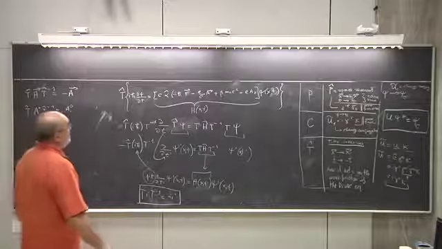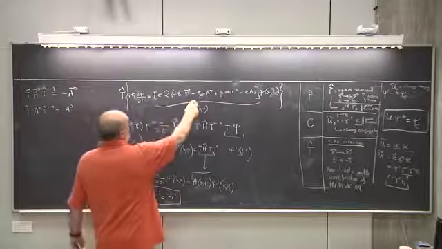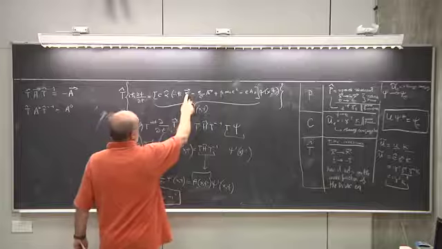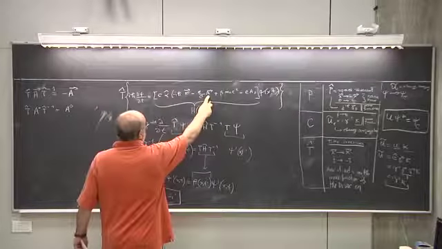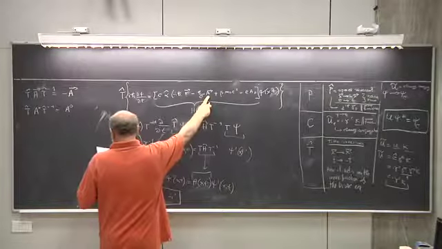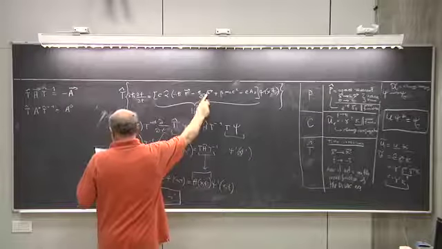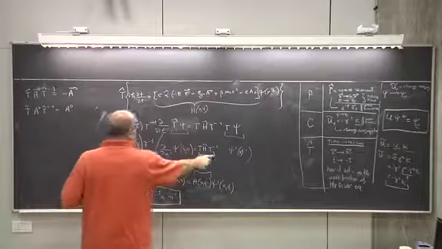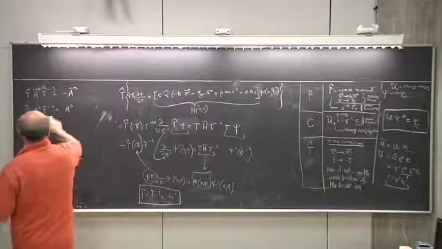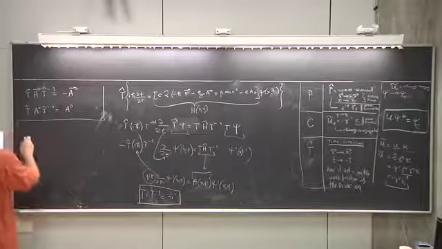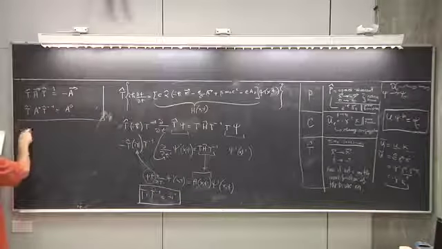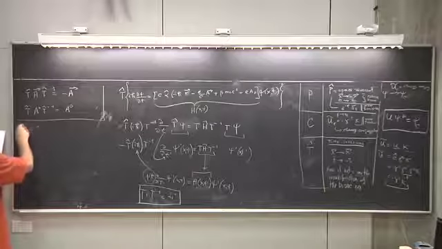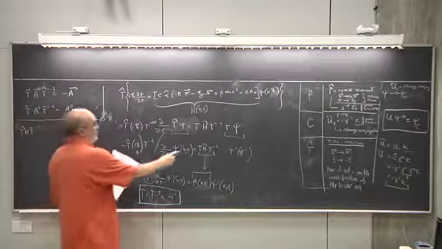Now, let's look here. I have this thing that does not change, this thing that changes, okay? So let's now go and look at these objects. So let's remember this, and let's look at this object, T to the minus 1. That is this object.